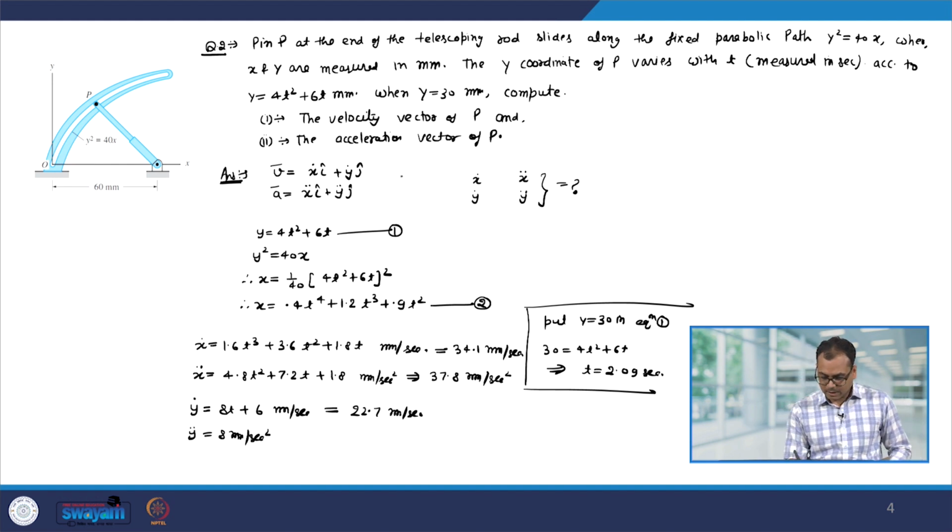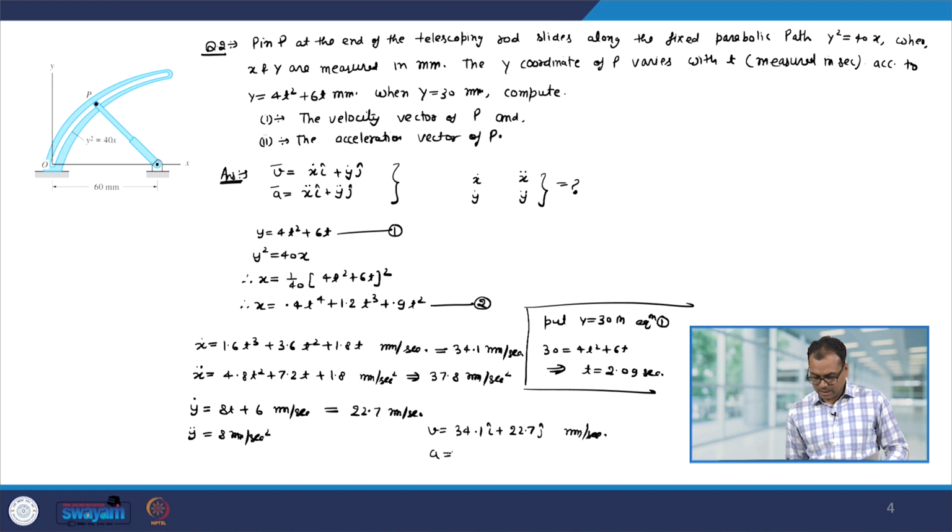Let us put that in this equation. So, you get v is equal to 34.1 i plus 22.7 j millimeter per second, and acceleration A is equal to 37.8 i plus 8 j millimeter per second square.